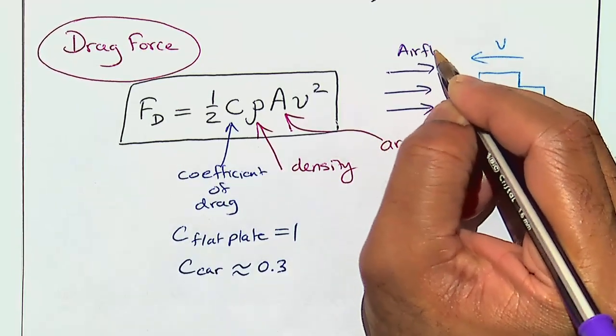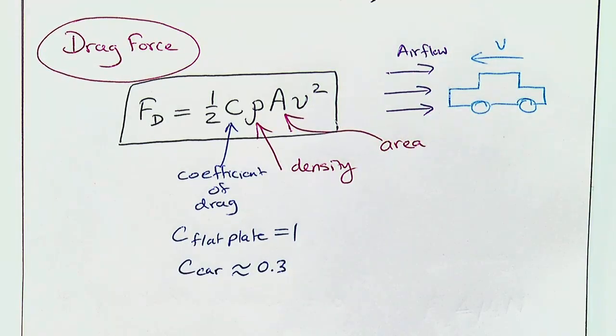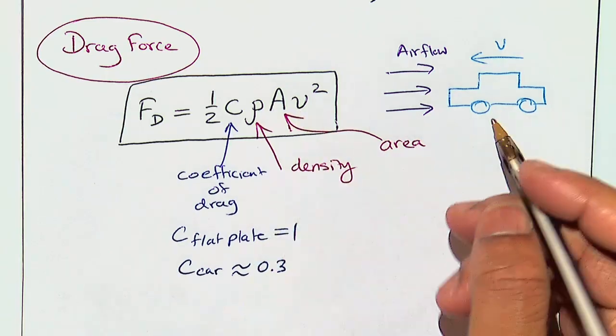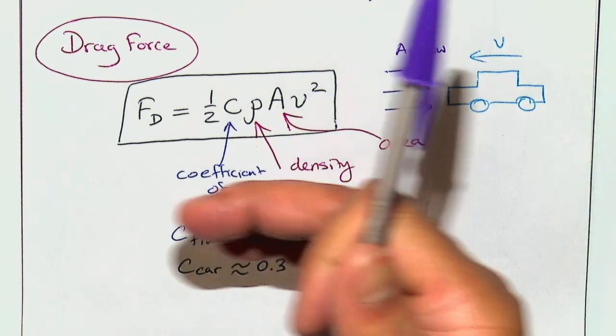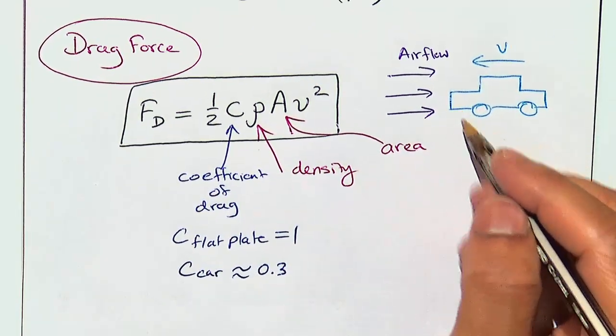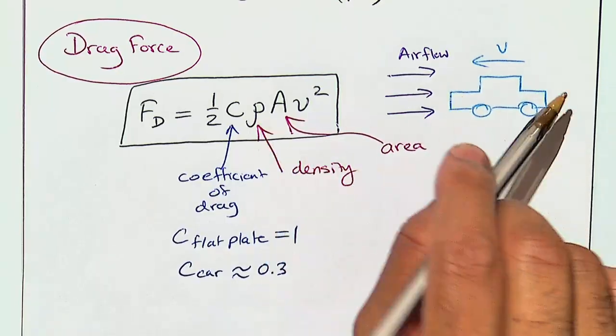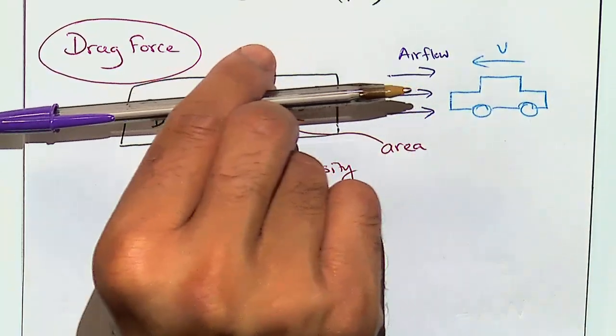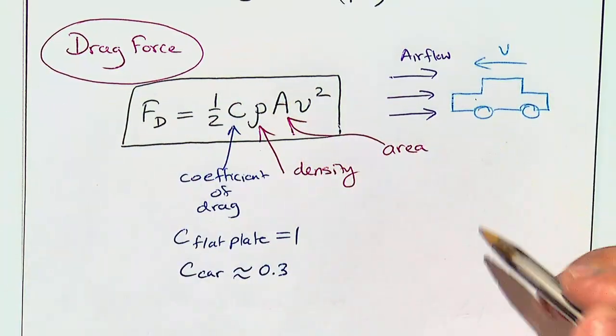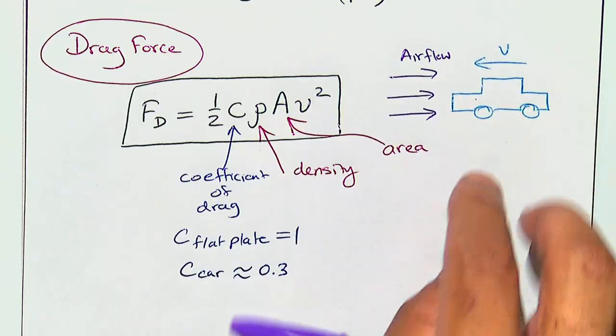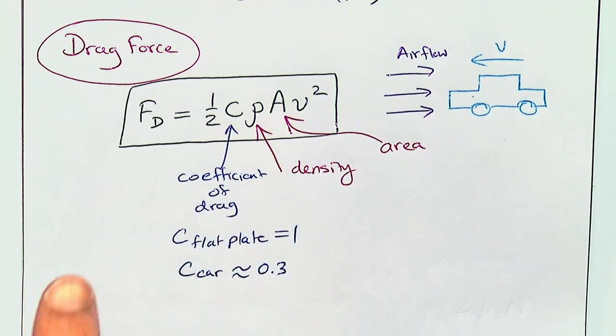So the airflow is like that. The velocity is the relative velocity against the air, and the area is from the perspective of the air, what is the area of this car? It's not this area, it's not the side. It's the face-on area, density, coefficient, and there's a 1/2.